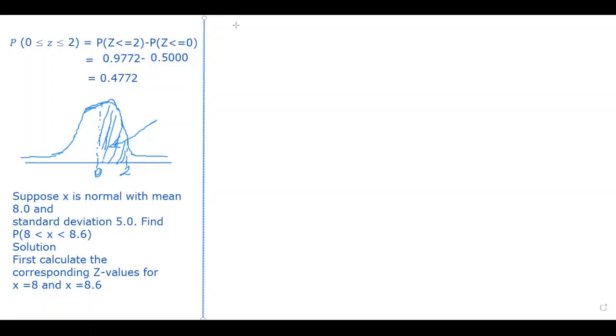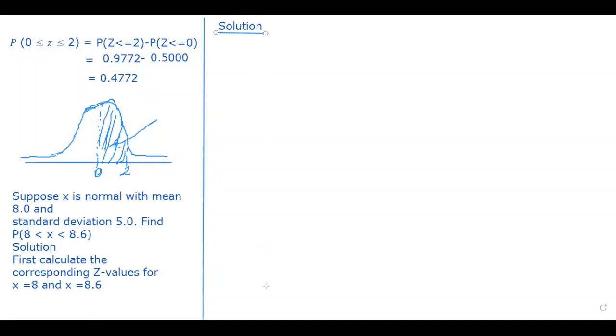Okay, suppose X is normal with mean 8.0 and standard deviation 5.0.